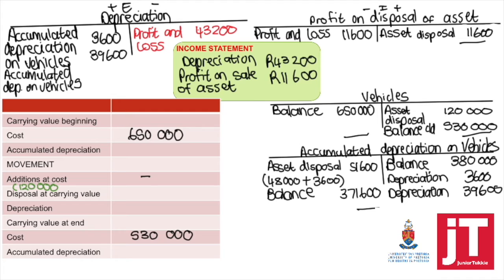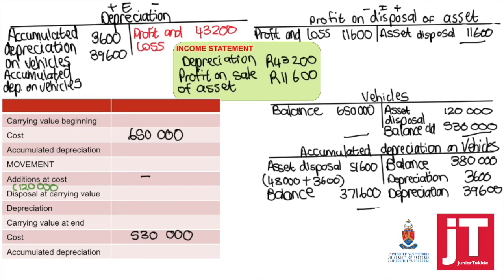When I look at what will appear in my balance sheet, in note number 3, the tangible asset note, we're going to start with the cost. So by looking at the cost, we're going to look at the vehicle account. The balance in the beginning, 650,000, minus the cost on the asset which I disposed of, 120,000, equals the cost at the end.